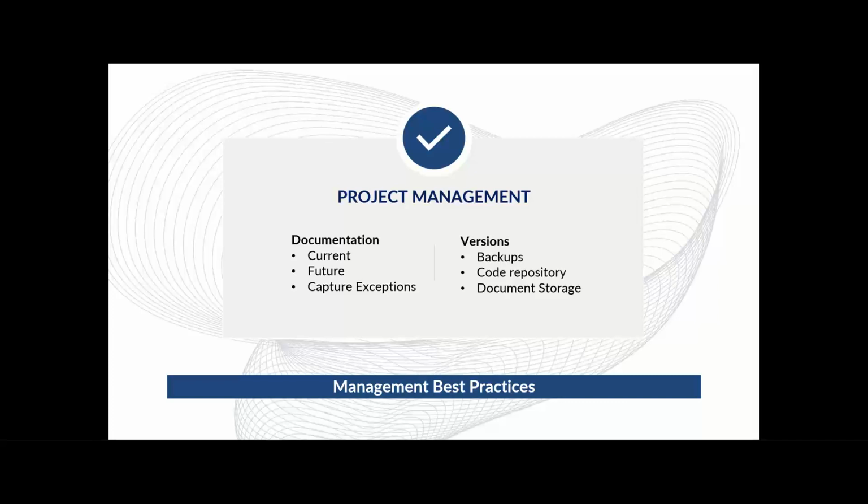A RACI matrix is part of the plan stage of the plan, do, act cycle. RACI is an acronym for responsible, accountable, consulted, and informed.